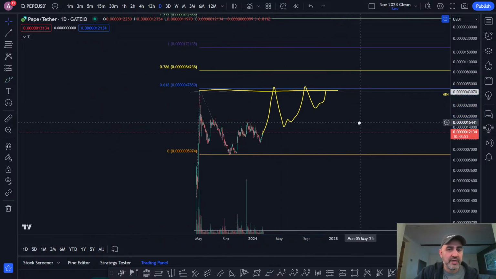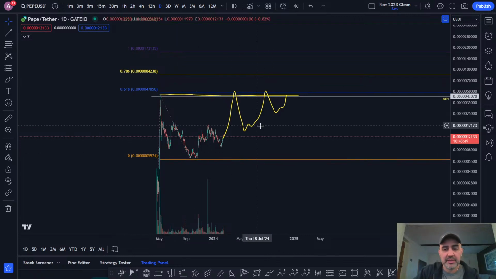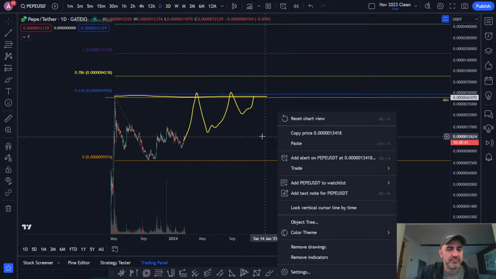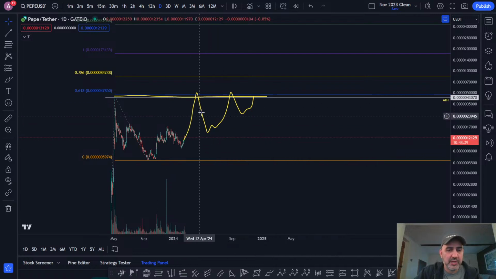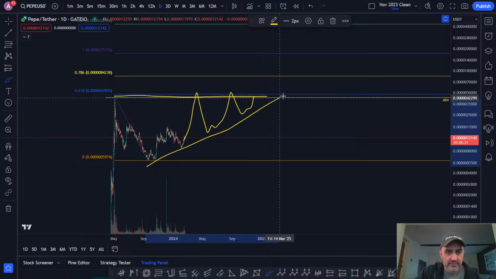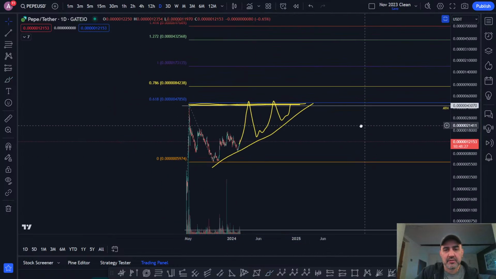You know, this is the thing, you go from one pattern to another pattern to another pattern, and sometimes patterns break and they form other patterns. And what you'd be looking for is a bullish pattern like this. This would be really nice if we went into the all-time high, took profit, and then started forming some kind of that. That would be really nice.